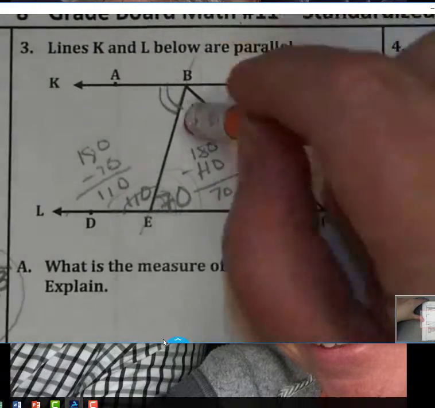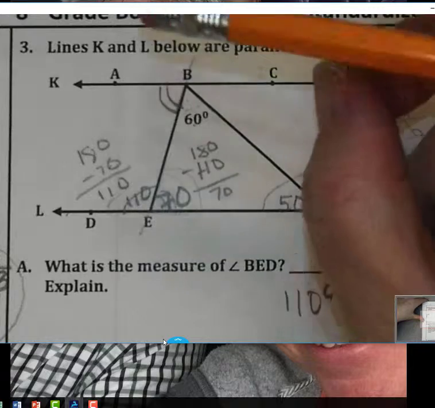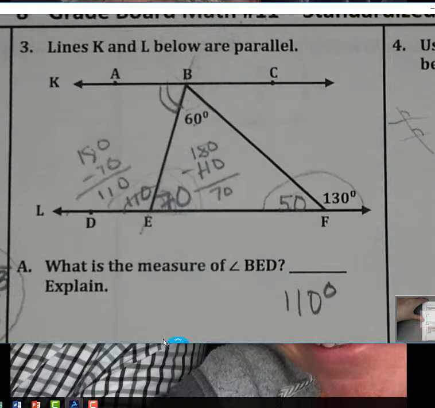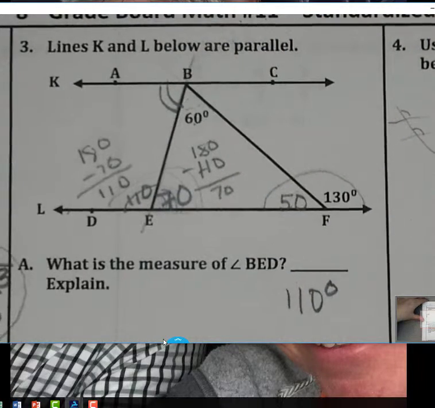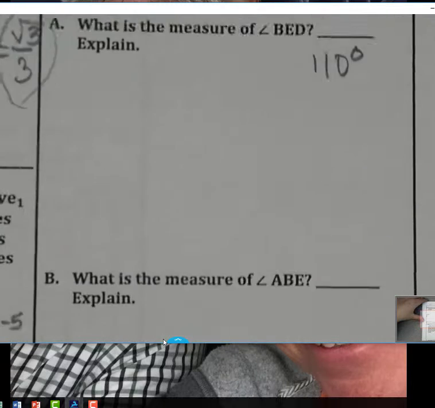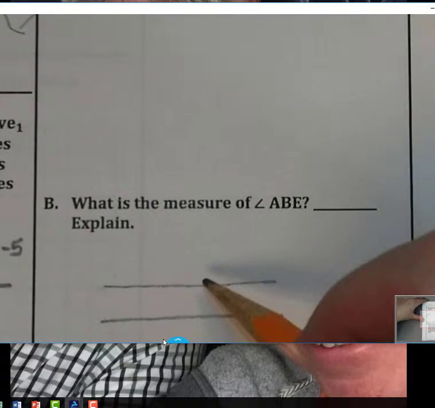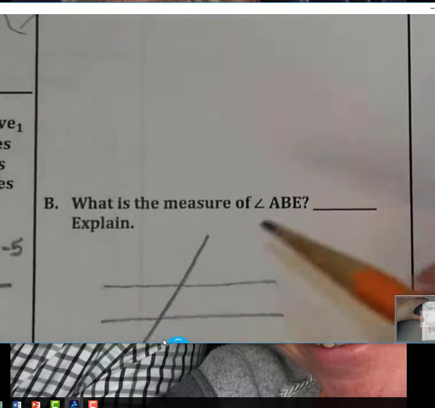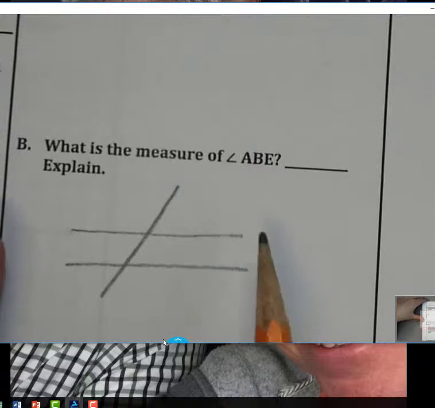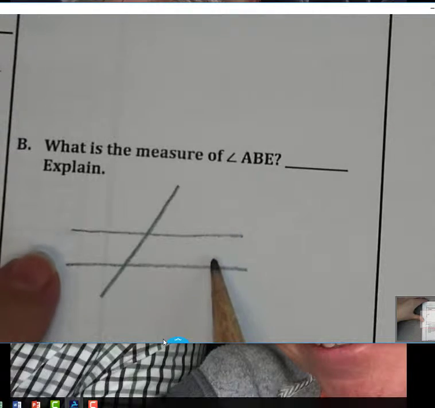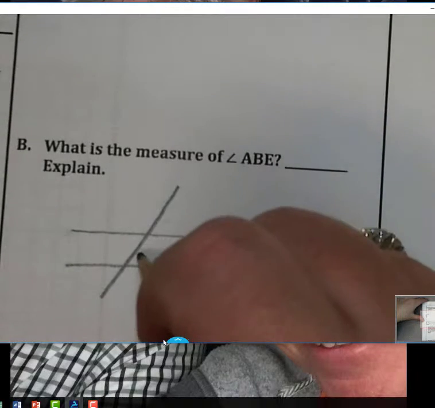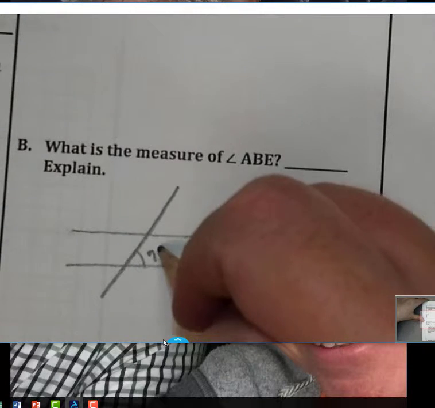All right, so there is a postulate that says, this is geometry. We're not in geometry, so hopefully this is a bit of review from last year. That says when you have parallel lines, these two are parallel, just like in the diagram above, and we just figured out that this is 70.